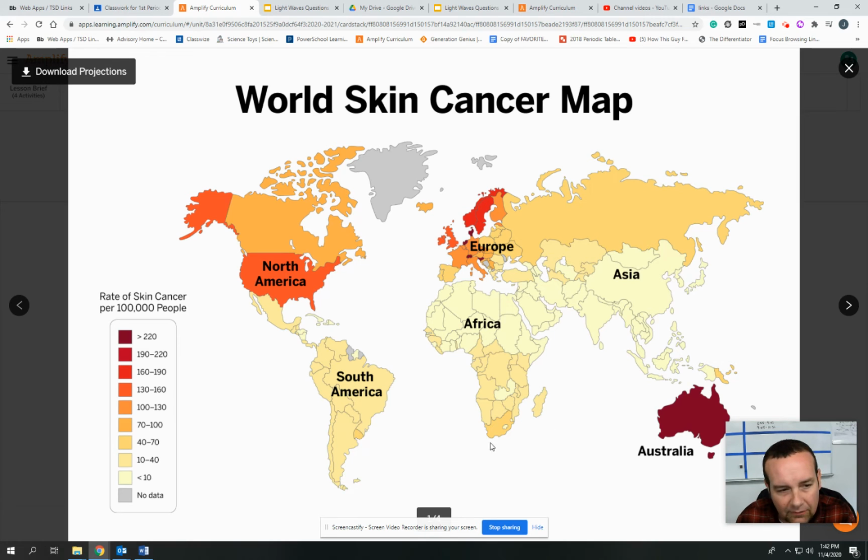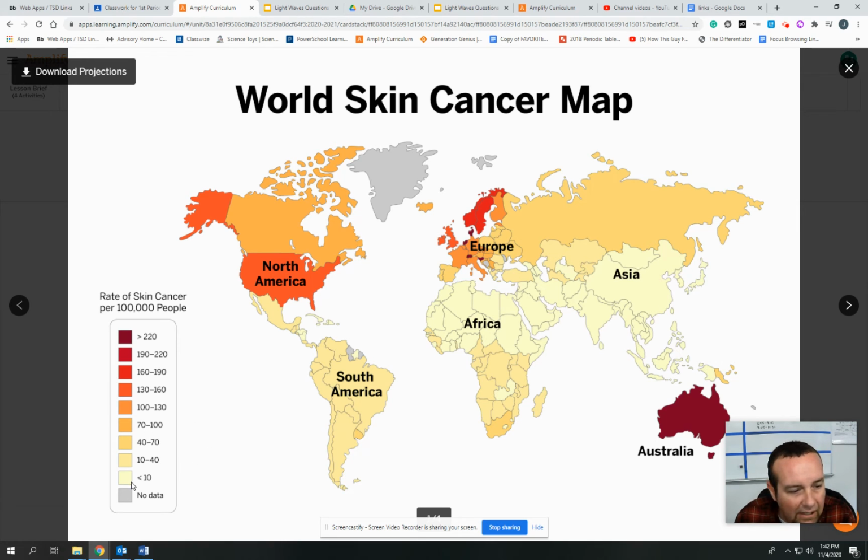And you'll see there's some places that are relatively low, and that would be this light tan color here. So places like that would be here in Africa, in Asia, Indonesia, even down into New Guinea.